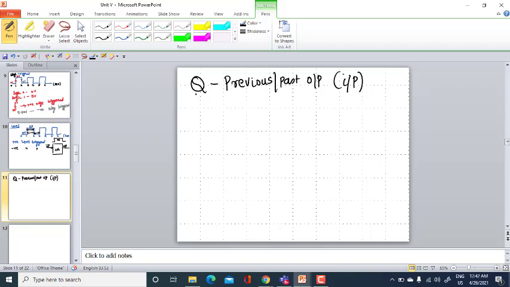Let this be Q, the SR input of the flip flop, and another one is Q, because this is also going to act as the input. Am I right? The previous or the past state is said to be Q, otherwise this is your present state.